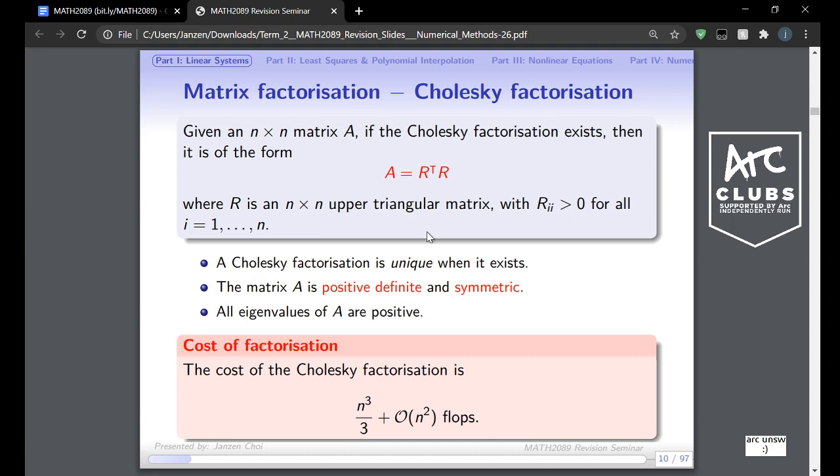The added benefit of Cholesky factorization is that we can store the matrix A in terms of one upper triangular matrix, which means that storing the matrix A is going to be a lot more space efficient, because you're basically storing half the amount of elements. And yeah, it has a cost of n cubed over 3 plus O(n squared), so roughly half of that of LU factorization.